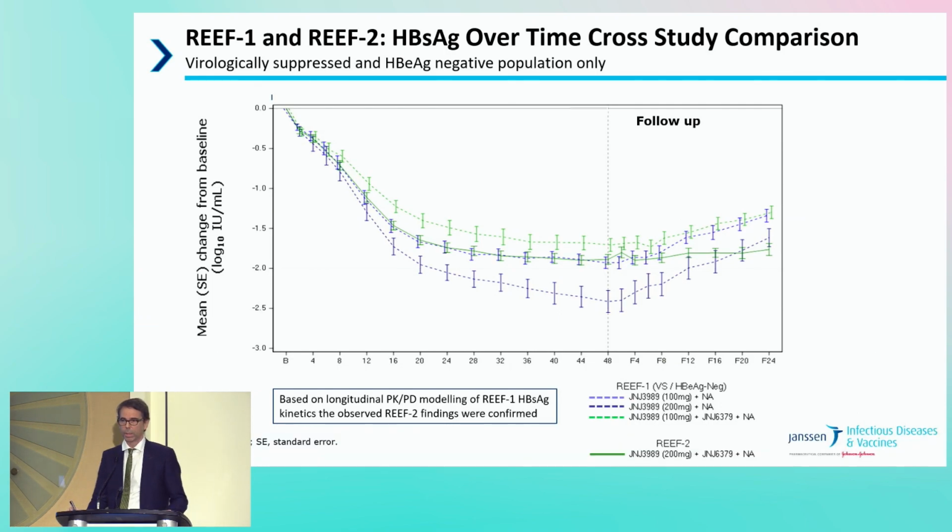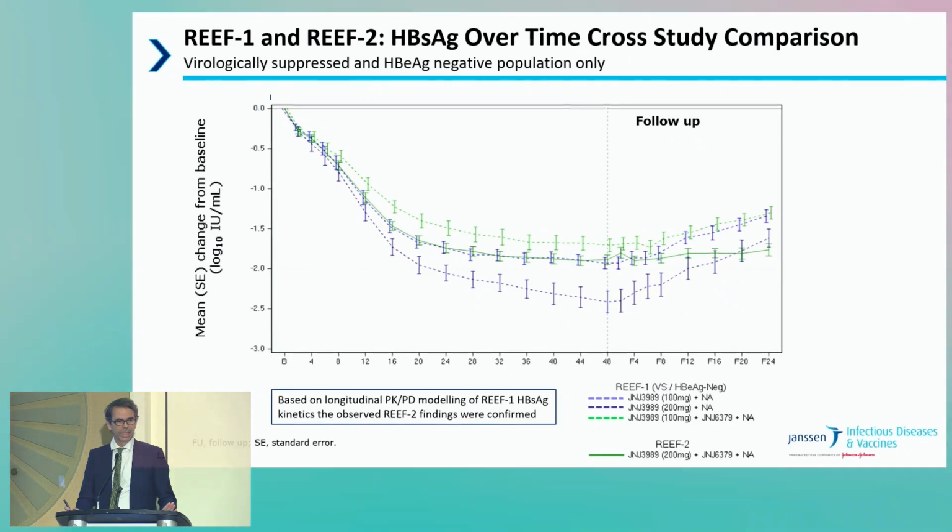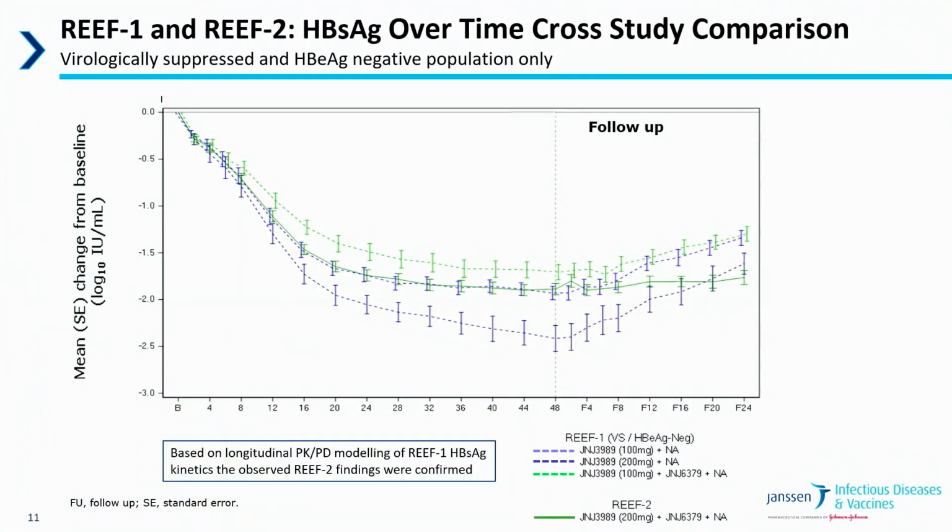Next week you will see the complete follow-up of 48 weeks from Kosh Agarwal. So here you also observe what we discussed earlier in the morning, that in the Reef-2 study we have a very flat off-treatment line, which is not only explained with the addition of 6379, because then we would also expect to see this flat line in the green arm in Reef-1.